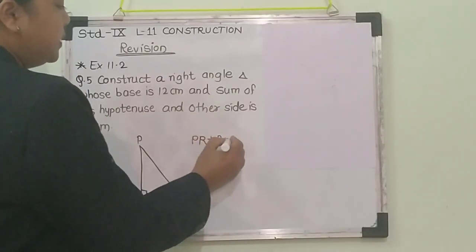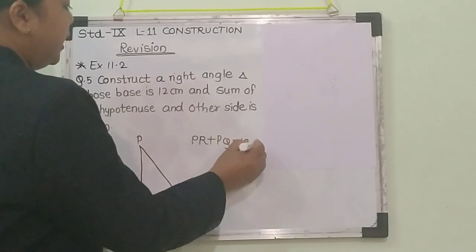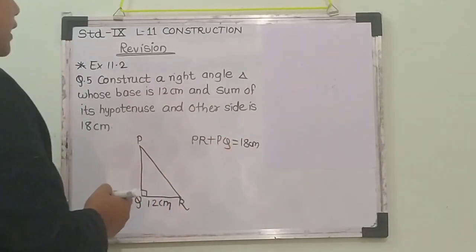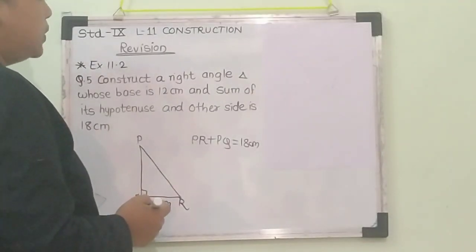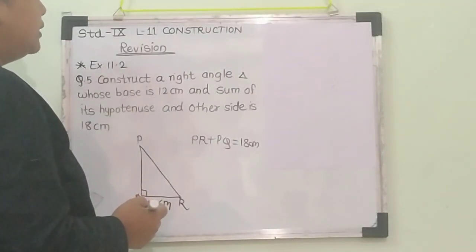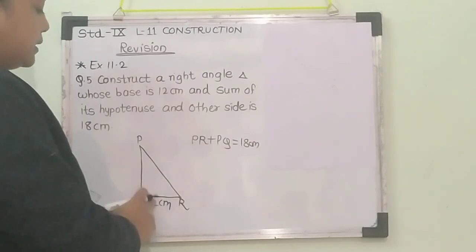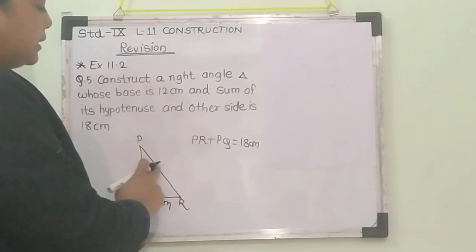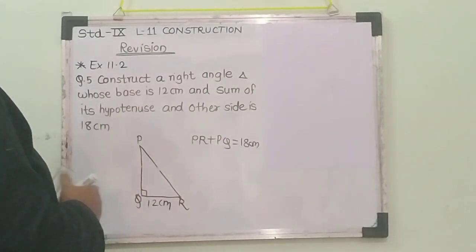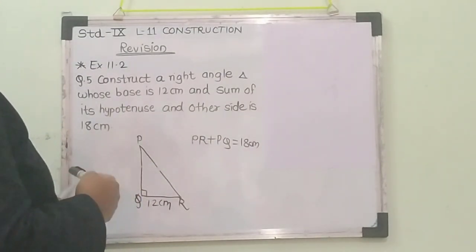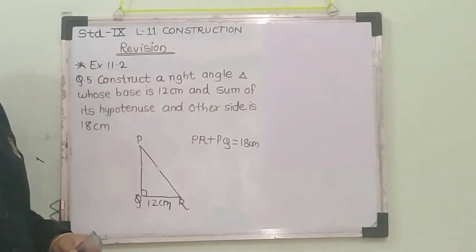So PR plus PQ equals 18 centimeter. It is given. So it is the construction of a triangle when the base, angle and the sum of the remaining two sides are given. So let us start how to construct this question.